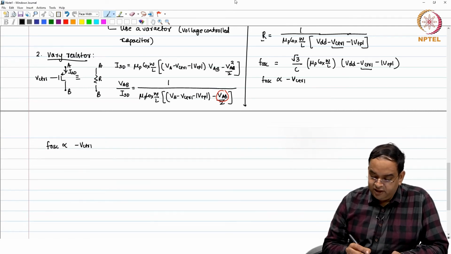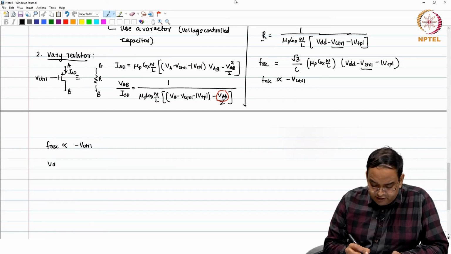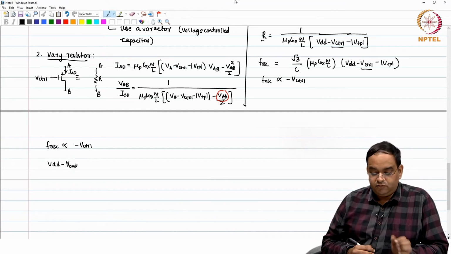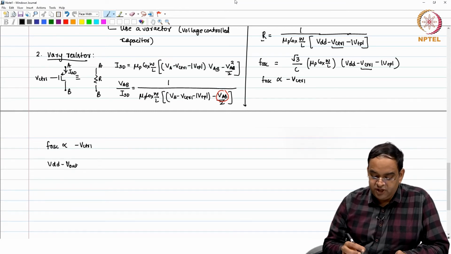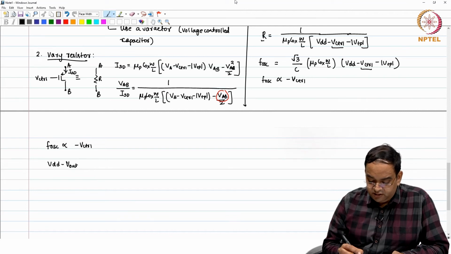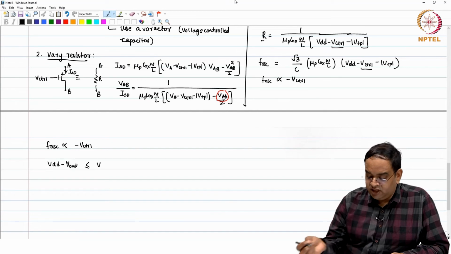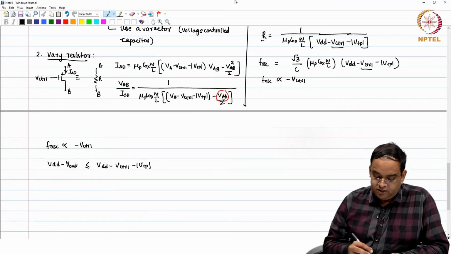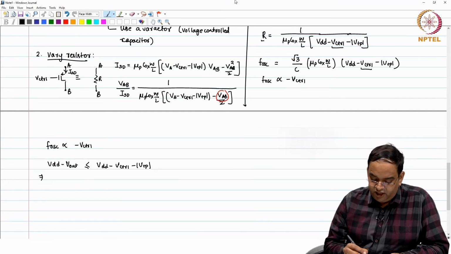The other thing is you have a limit, and the limit says that VSD, which is your V out, whatever the output potential, whether this is VOP or VON, is less than or equal to, for linear region, VSG minus mod VTP.